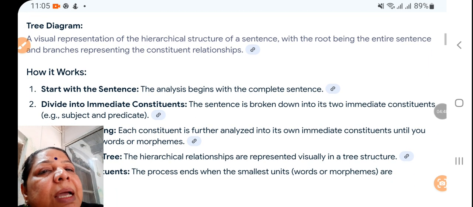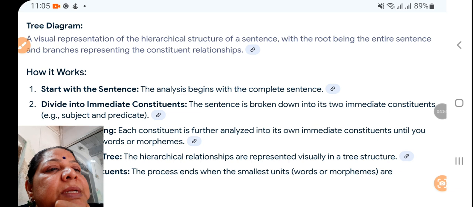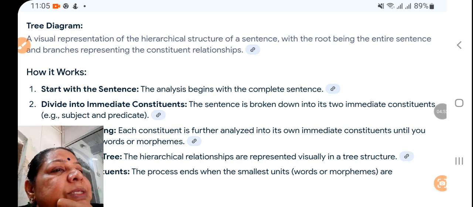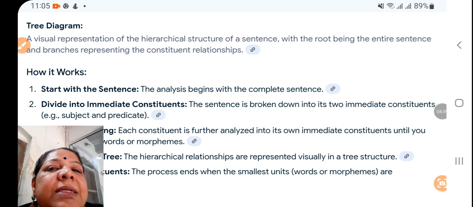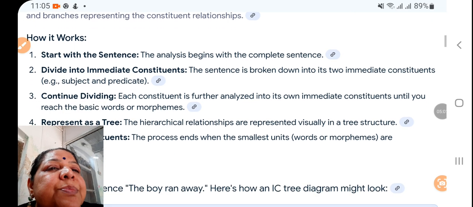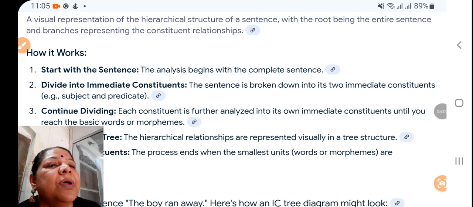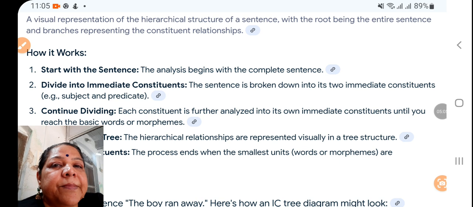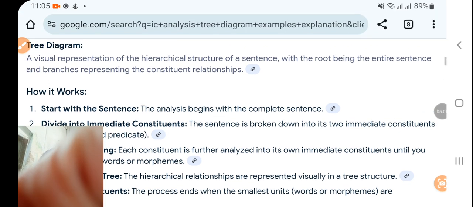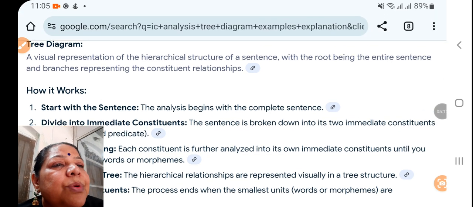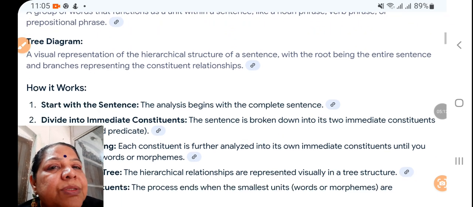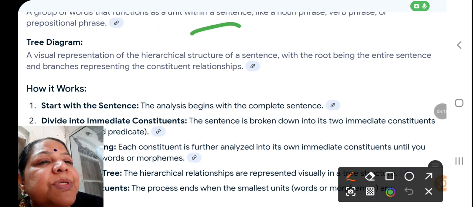Now, tree diagram: a visual representation of the hierarchical structure of a sentence, with the root being the entire sentence and branches representing the constituent relationship. In a tree diagram, you know that there's a subject, right?